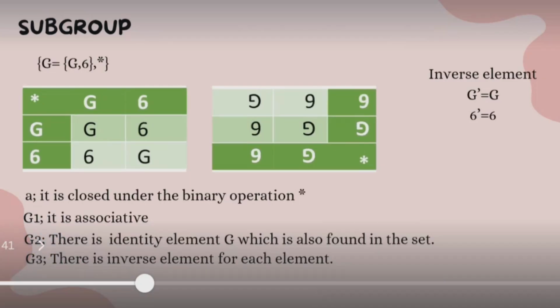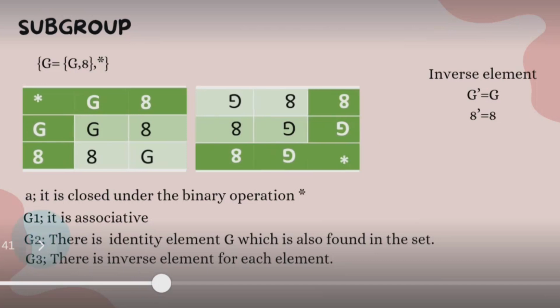And next is the set of G with an element of G6. Just like the process, it is closed under the binary operation of star. It is also associative, has identity element G, and has inverse element. So therefore, it is a subgroup.